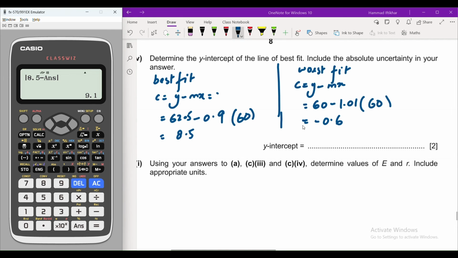So the best fit y-intercept is 8.5 plus minus 9.0. Alternatively, you could also write 9.0 plus minus 9. This would also be roughly fine, but let's stick to what we actually found here.